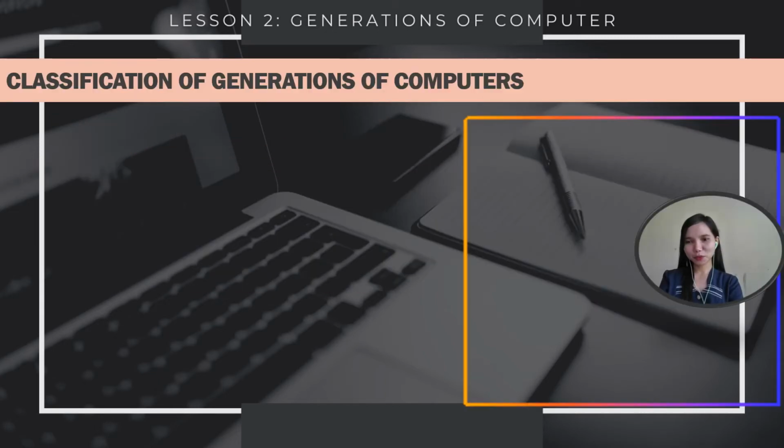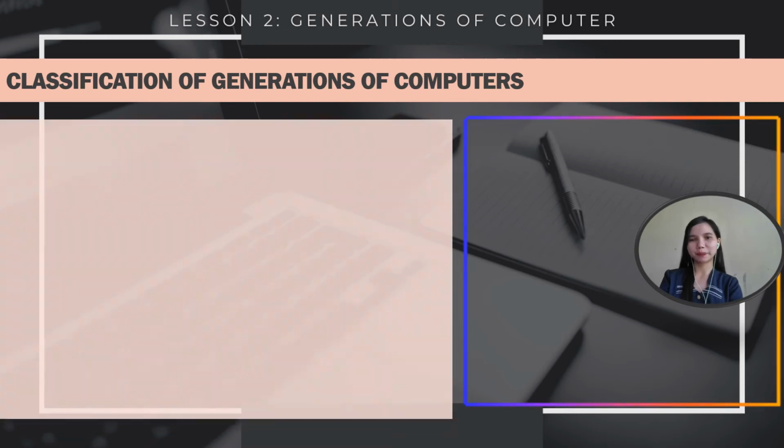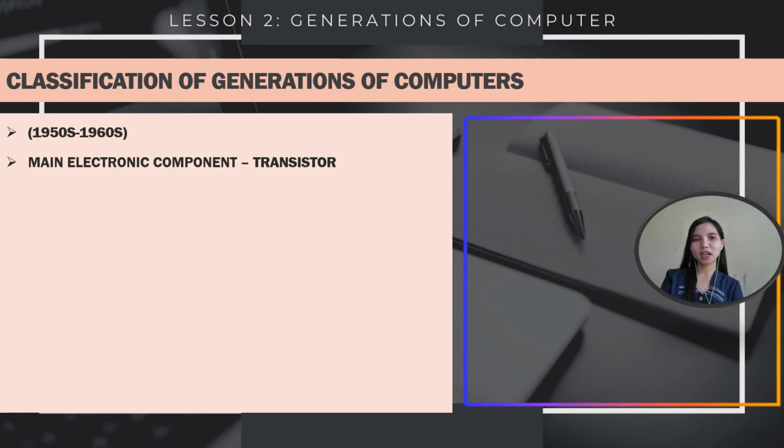So let's proceed with the next generation, the second generation. It started from the 1950s to the 1960s, so 10 years. The main electronic component is the transistor.